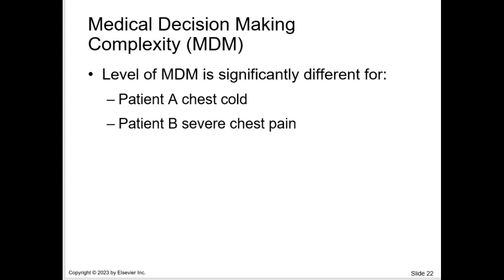A great example of level of medical decision making: somebody comes in with just a chest cold, all right? But if they have a severe chest cold, this could make the complexity go up because at that point, time, resources, and decision making could be a lot more.